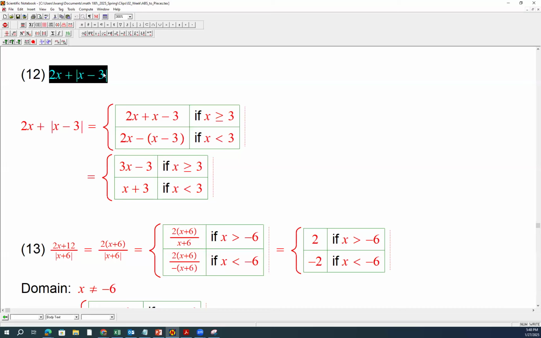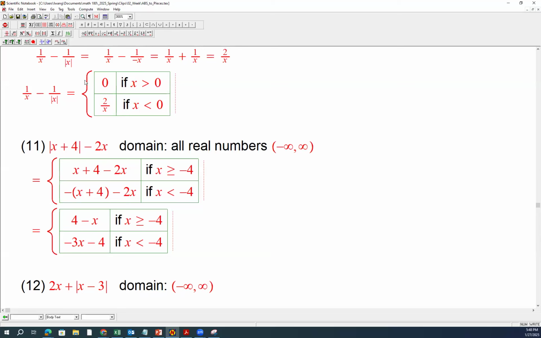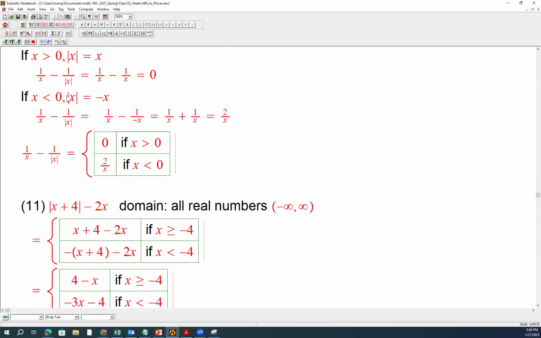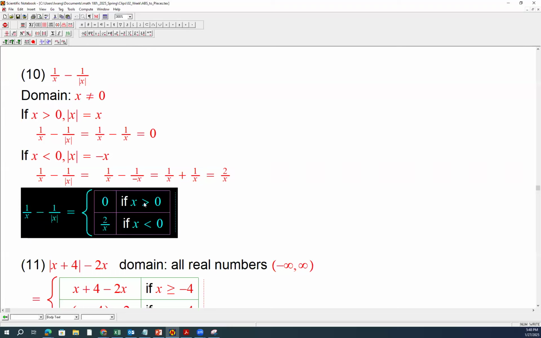And there's no domain issue in these cases, because the domain is just all real numbers, so we have no concern about it. And for these other cases, you can see we will have a domain issue. The domain is x not equal to 0, and we did this right: greater than or equal to 0, greater than 0, less than 0.